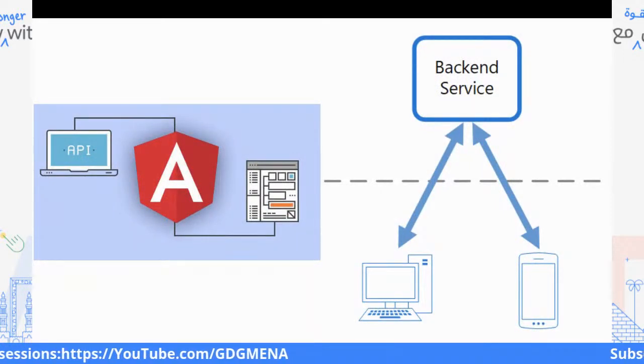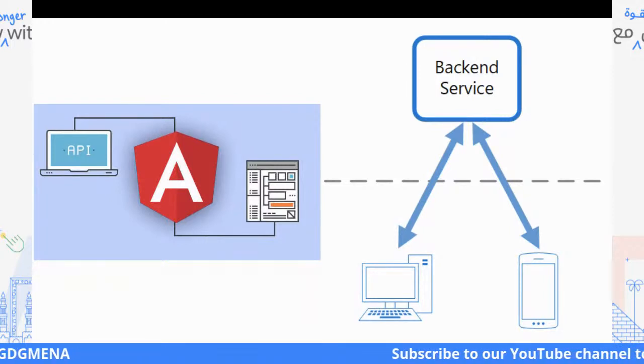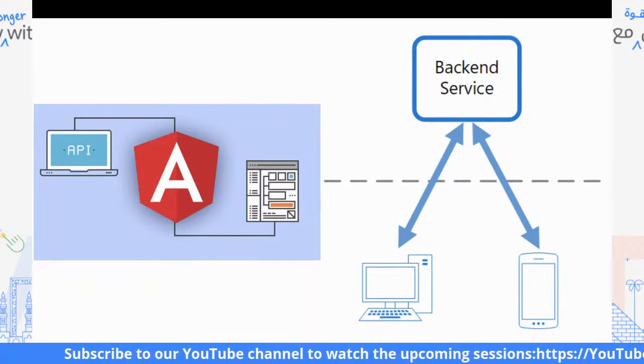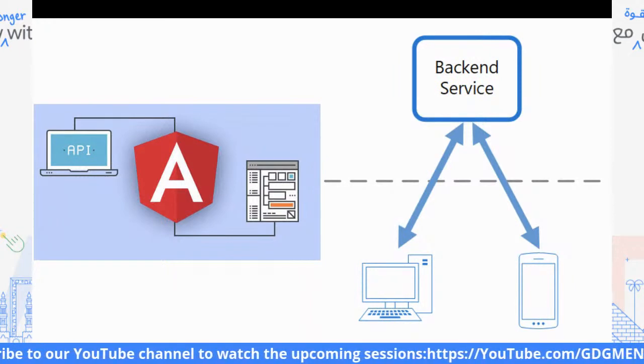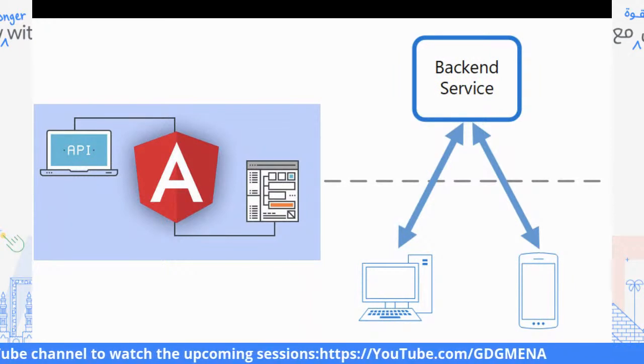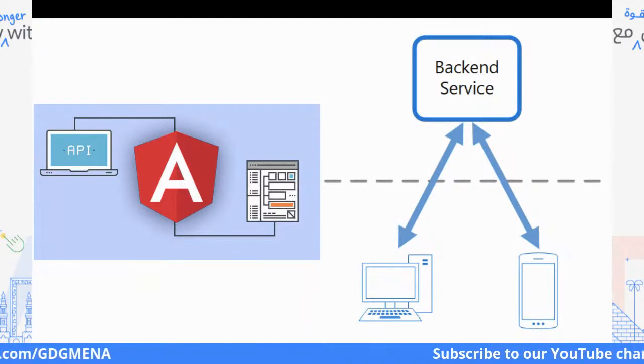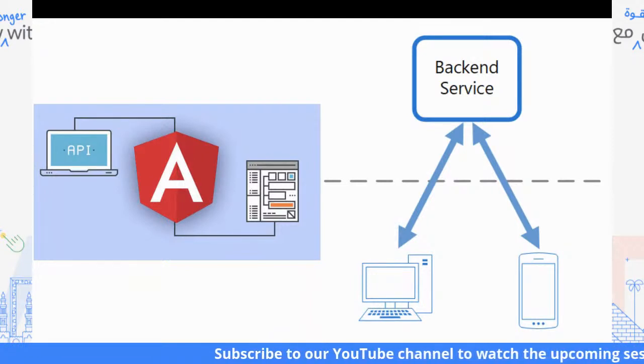Like I said already, we're now going to learn how to connect your Angular app with the backend service. And we're going to learn specifically more about APIs and how Angular helps in communication. Backend might be a very general term, but when you say backend as a service, it could be a load balancer, it could be a database, it could be a lot of things.